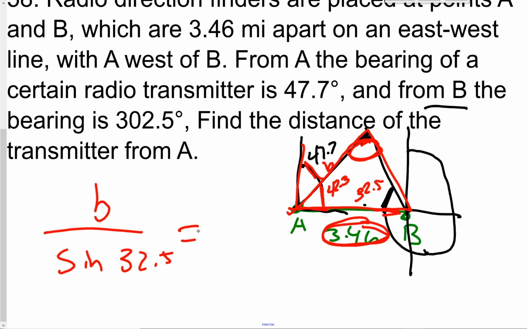And I do know the side opposite, I'm going to let this be C, which is 3.46. But I don't know this angle. I can figure it out by taking 42.3 plus 32.5 and subtracting from 180. So I get 105.2.